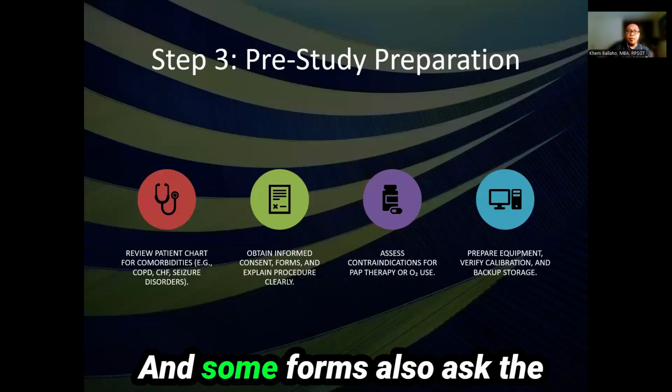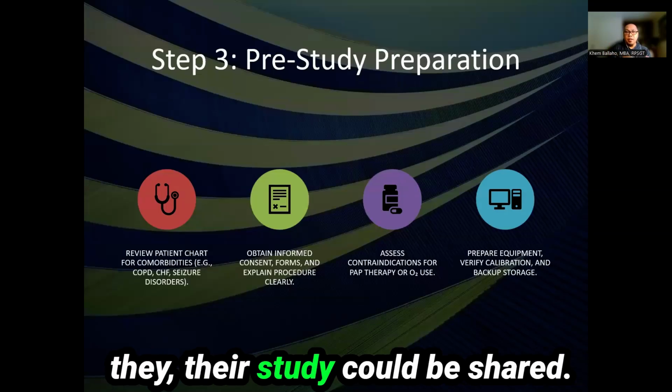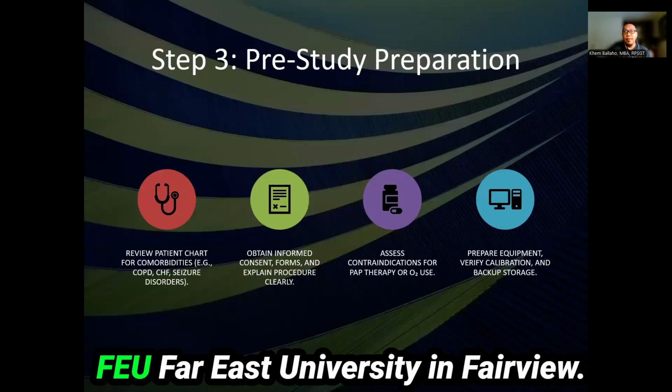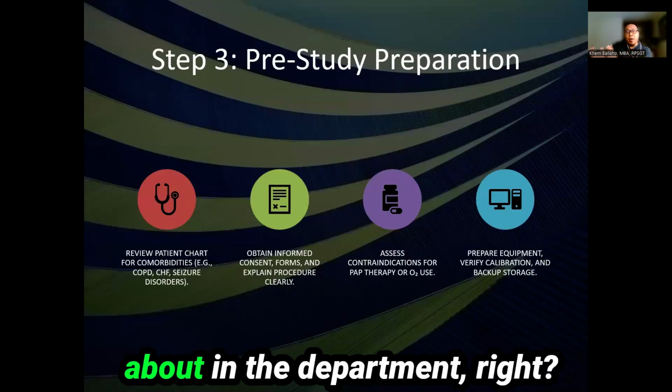And some forms also ask the patients to consent that their study could be shared. For example, I had a sleep lab in FEU, Far Eastern University in Fairview, and some of these cases are talked about in the department, right?